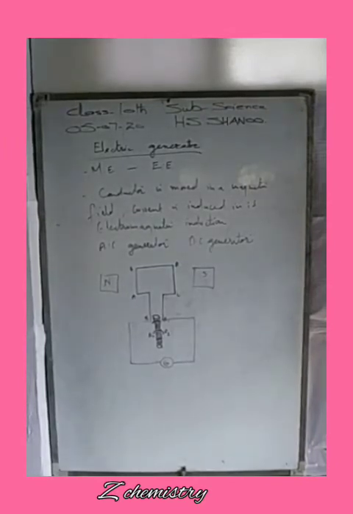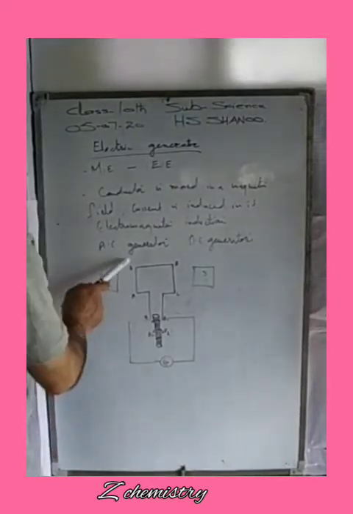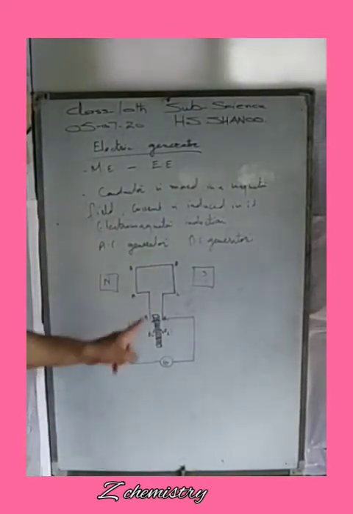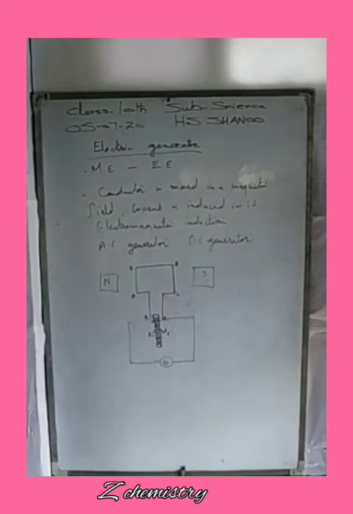Now the construction of the electric generator. It consists of a rectangular coil ABCD, which is placed between the two poles of a permanent magnet.